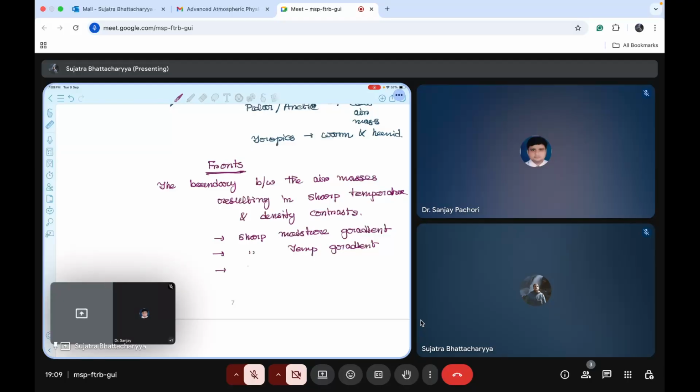Then you have wind shift. And pressure: generally, a low pressure region you will find, a trough, which we will understand.